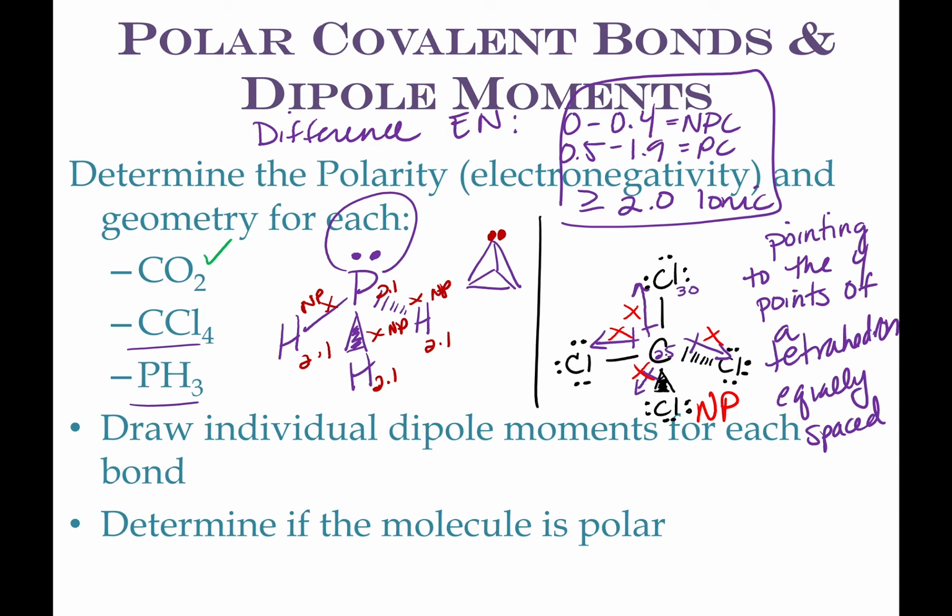While these electrons are not being pulled, there's no real dipole in this molecule, because these are all nonpolar. But there is an area of this molecule that has more electron density because it has a lone pair. Now, not every molecule that has a lone pair is going to be polar, but this one is.